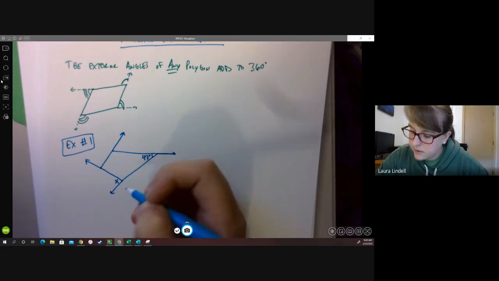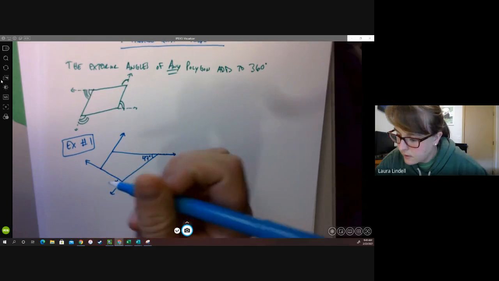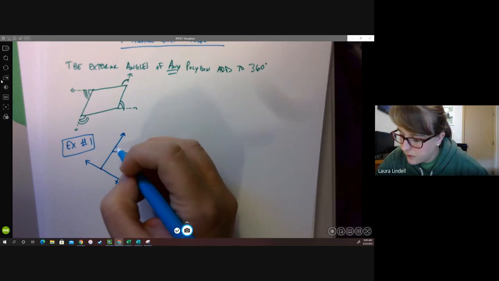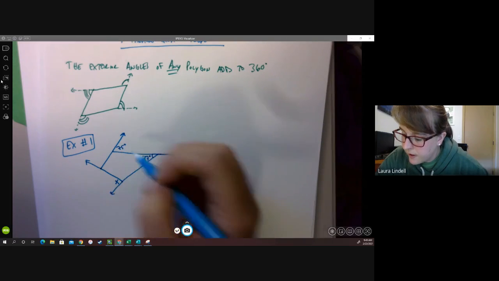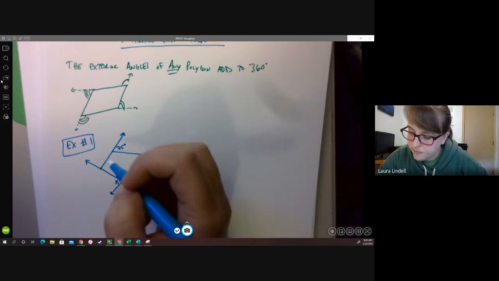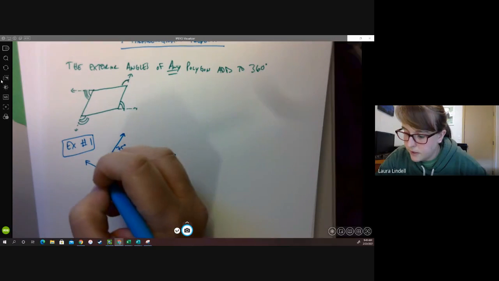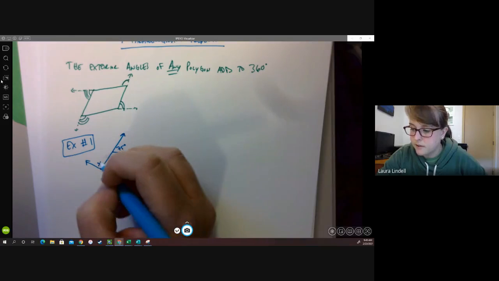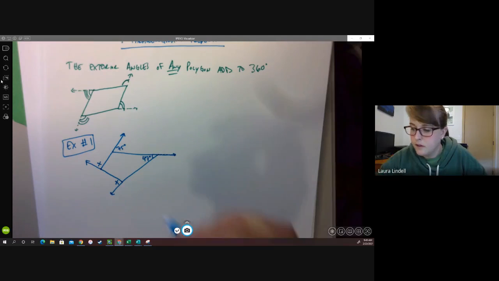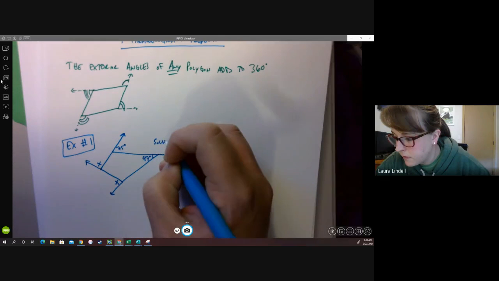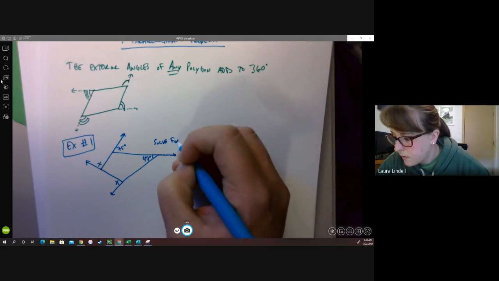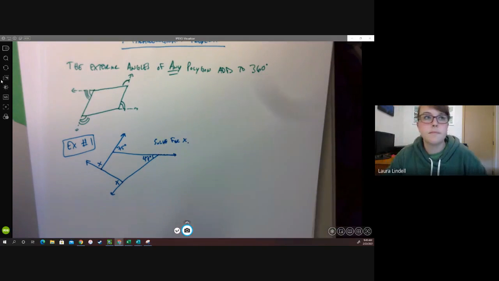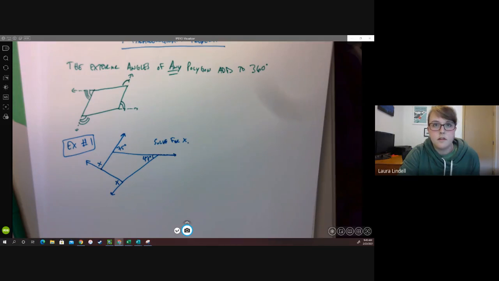This one is x. This one is 75 degrees. And this one is also x. And we want to solve for x. Give everyone a moment to finish drawing.